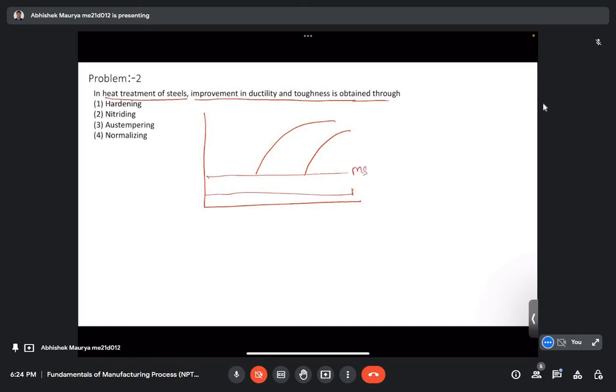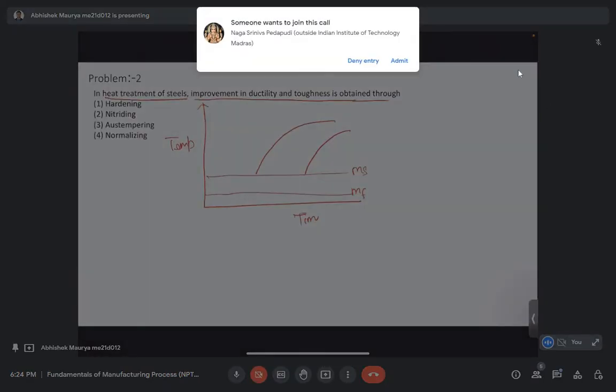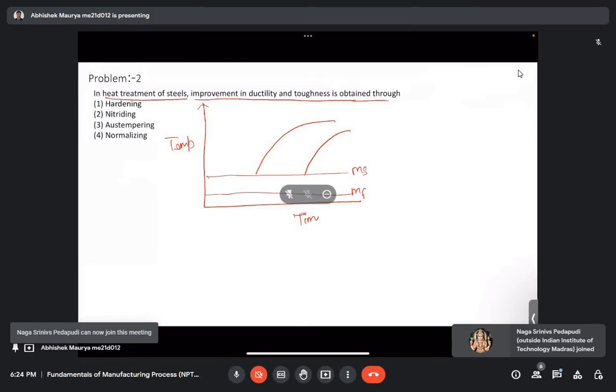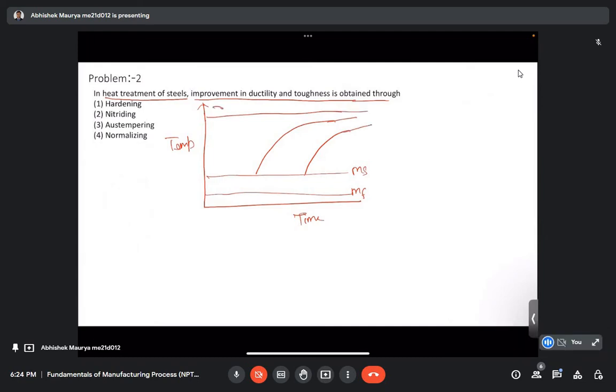It is Ms, it is Mf, temperature, time, and initially we have austenite. Basically, we bring the steel to the austenitic state, and later on we cool it down, and during the cooling, by controlling the different cooling rates, we try to improve the properties of the steel.